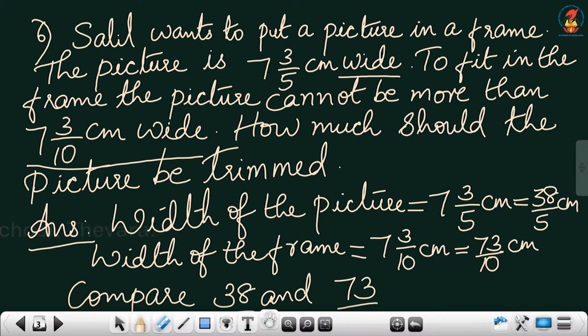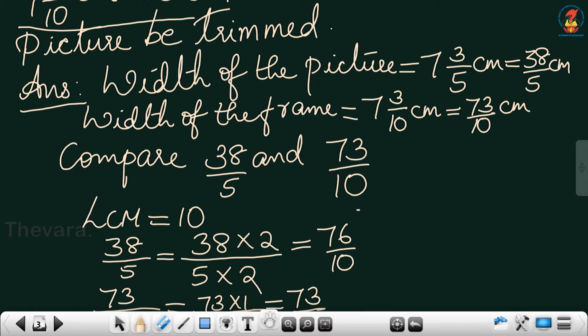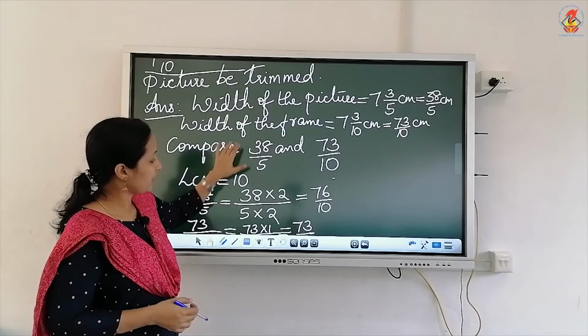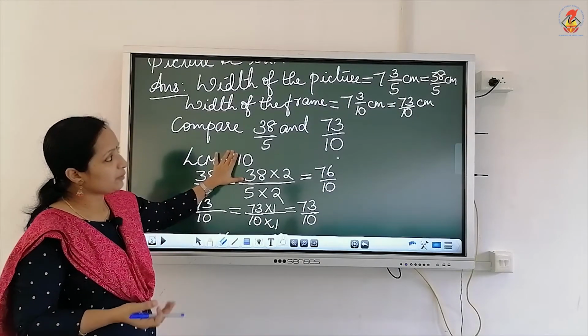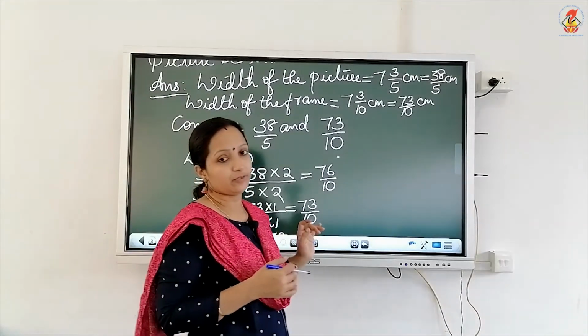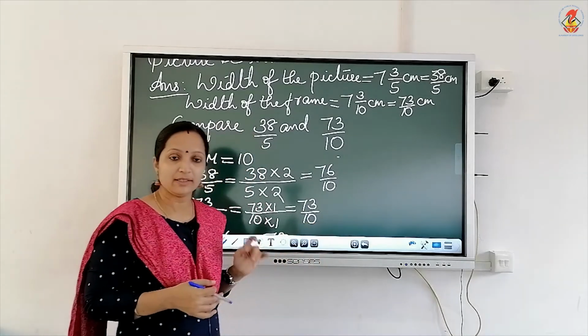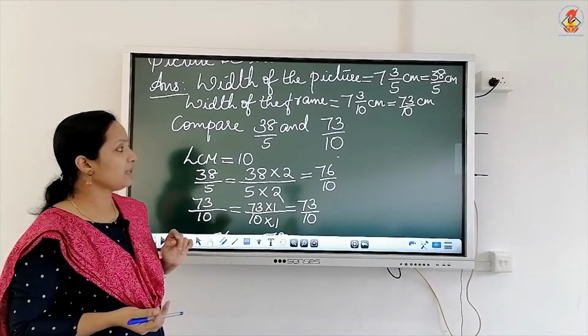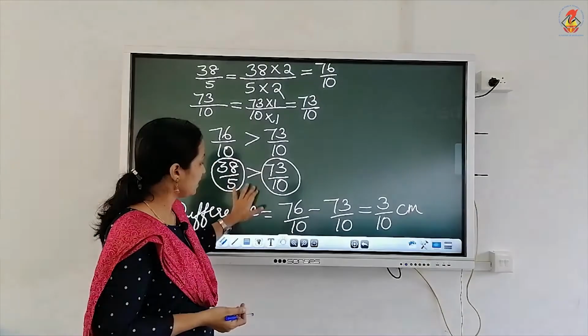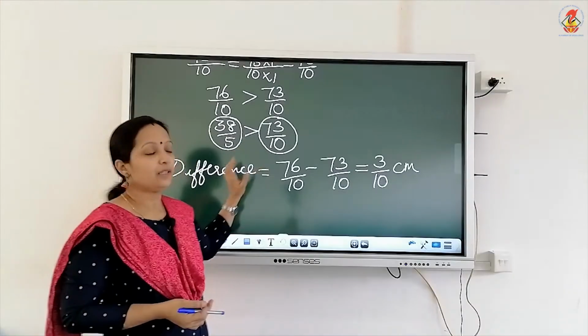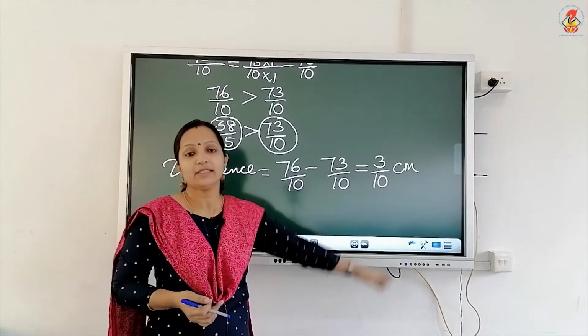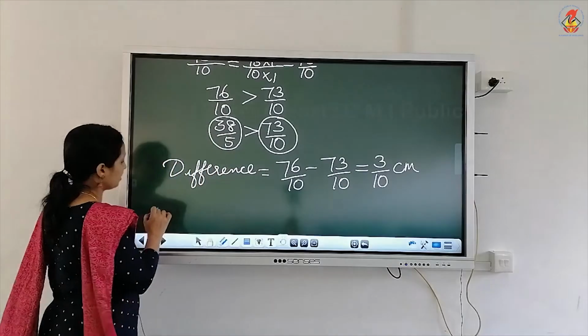So first you compare those two fractions. After comparing, we got width of the picture is greater than the width of the frame. That's why we are finding the difference. So we got the answer as 3/10 centimeter. So we can say the picture should be trimmed by 3/10 centimeter.